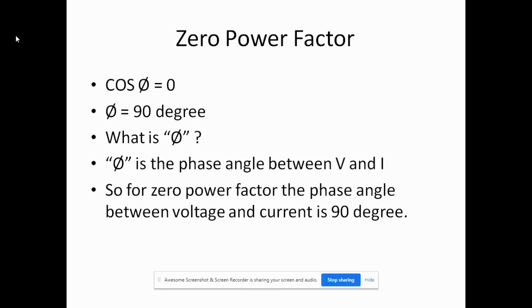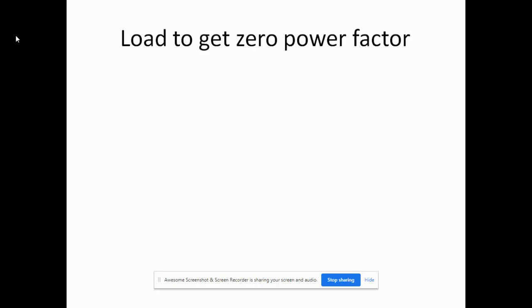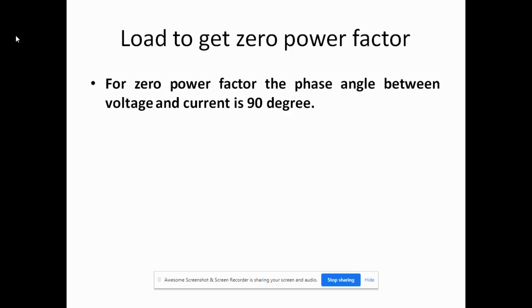So here one question arises: how can I determine a zero power factor? Zero power factor means if the phase angle between voltage and current is 90 degree, then only we can get zero power factor. Zero power factor can be achieved by different types of loading conditions.